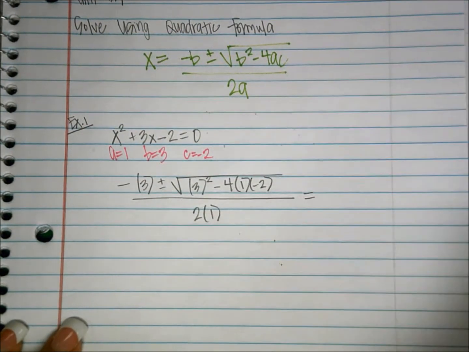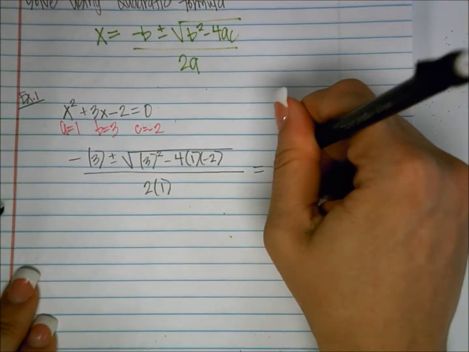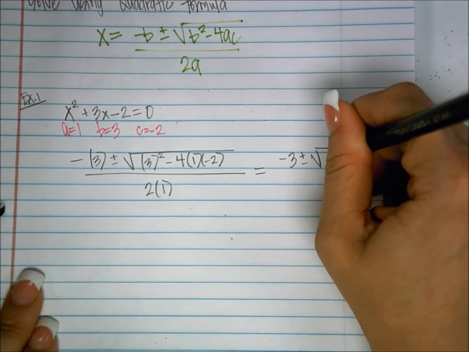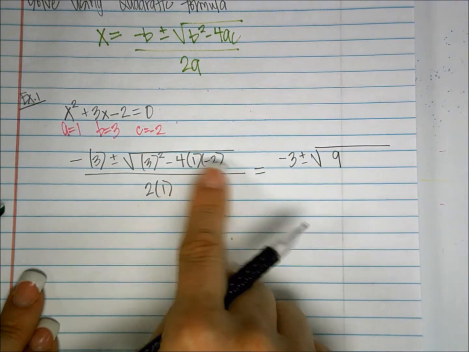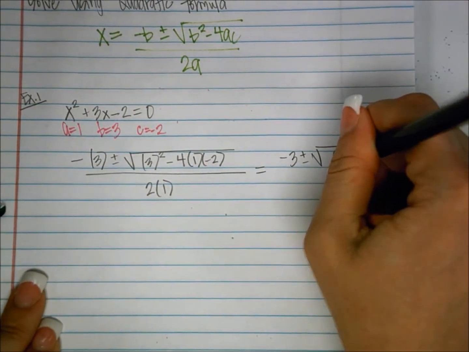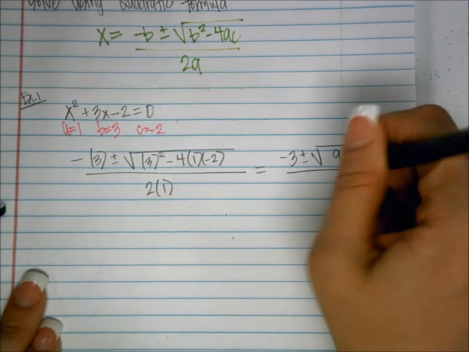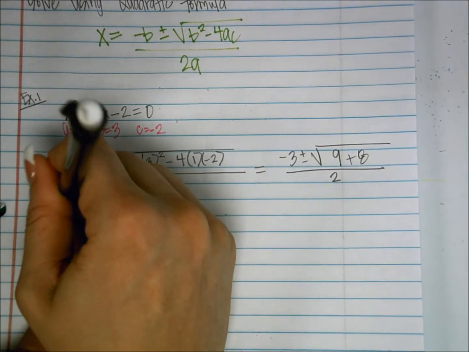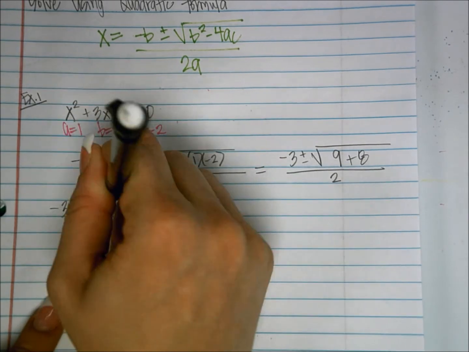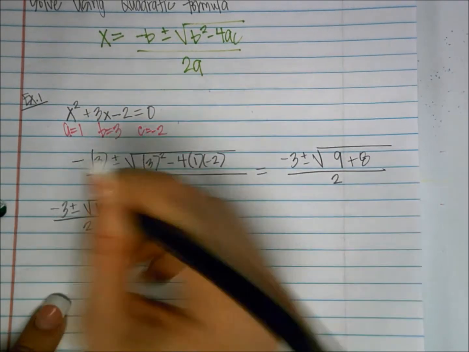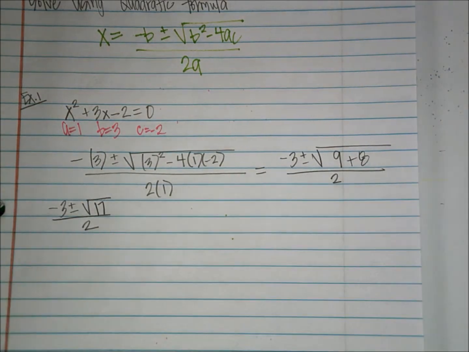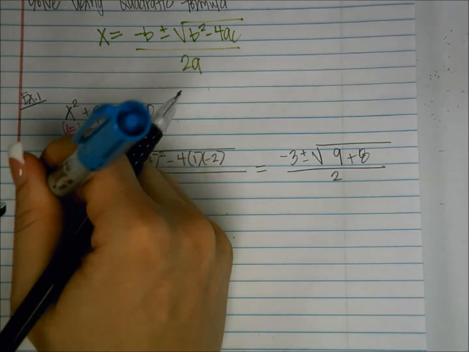Simplifying, that's negative 3 plus or minus root of 9 minus 4 times 1 times negative 2, so plus 8, over 2. Simplify further: negative 3 plus or minus root 17 over 2. Can anything reduce there? No. So that is your answer: negative 3 plus or minus the square root of 17 over 2.